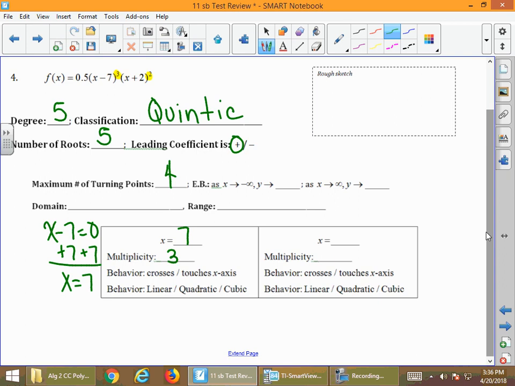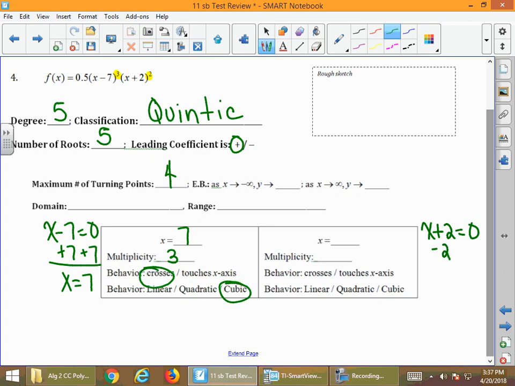Because 3 is an odd number, we're going to cross, and then we ask ourselves, well, is it linear, is it quadratic, is it cubic? Well, it's cubic. That's going to help us draw the picture here momentarily. We also have another parenthesis that has an x plus 2 in it.